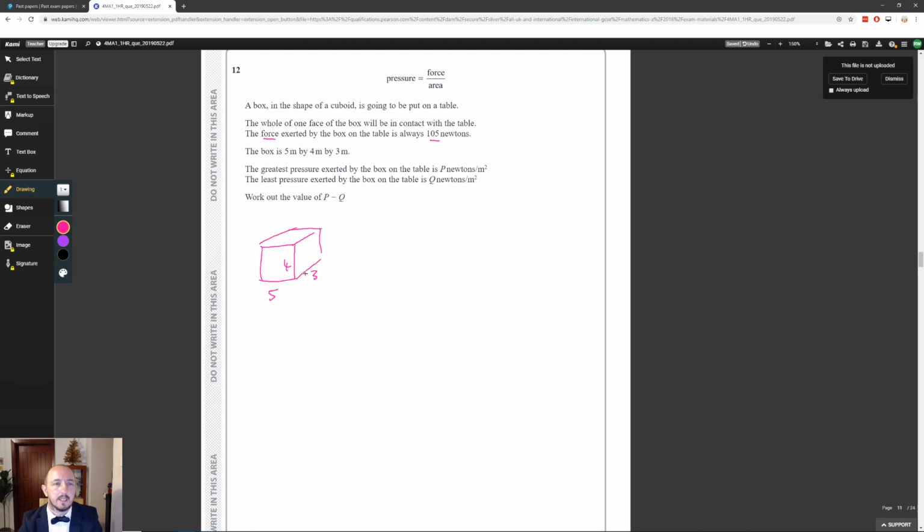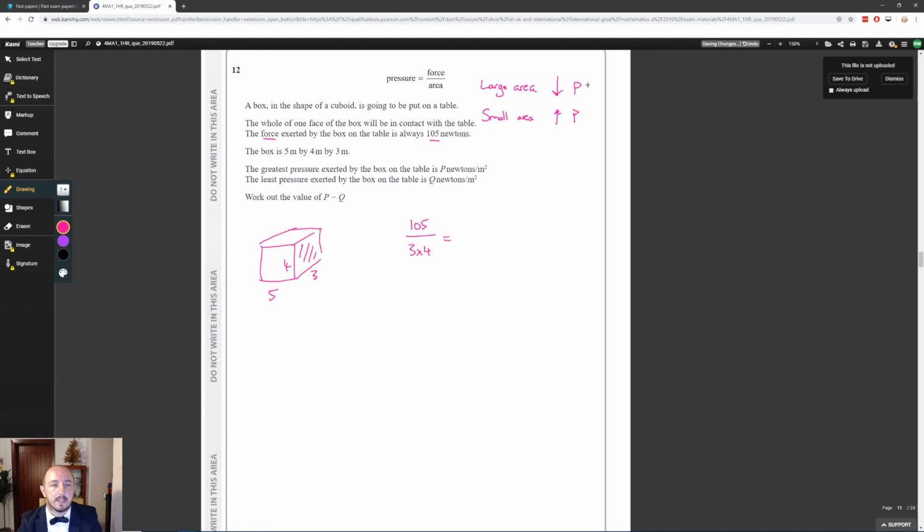Because we're dividing by the area, if we divide a force by a large area, that would give us our lowest pressure. And if we have our smallest area on the bottom of this fraction, that would give us our largest pressure. So the smallest possible area we could get would be 3 times 4. So 105 divided by the smallest area, 3 times 4.